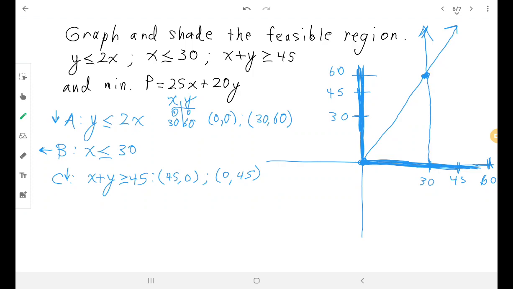And then 45, 0 is there, and 0, 45 is right there, and that would cross like that. Okay, so we've got A here, B here, and C here. And A shades down.